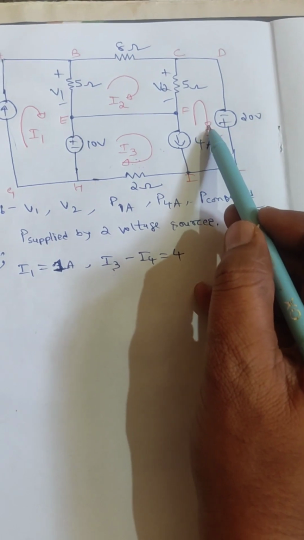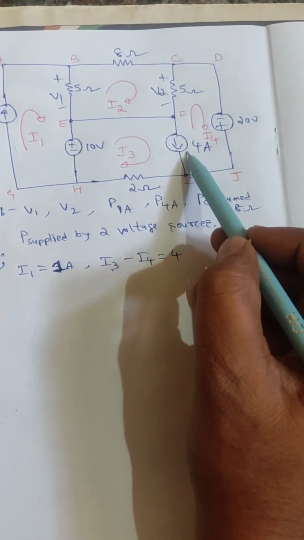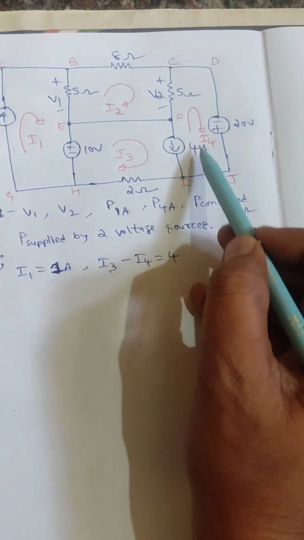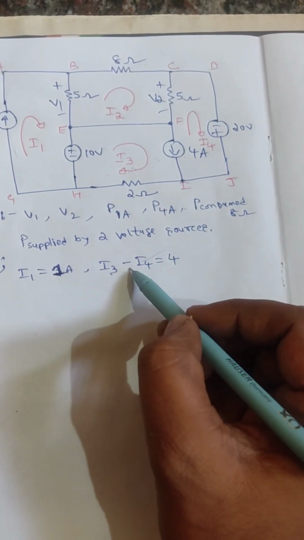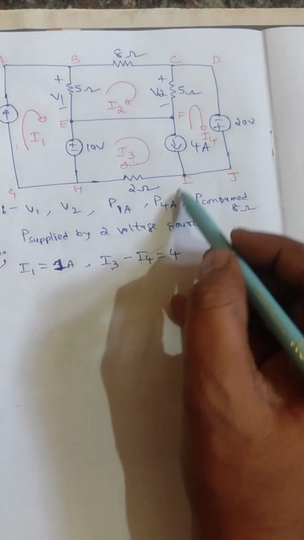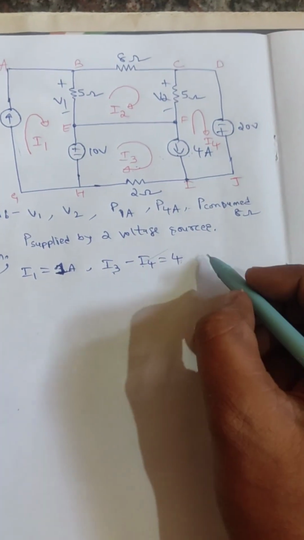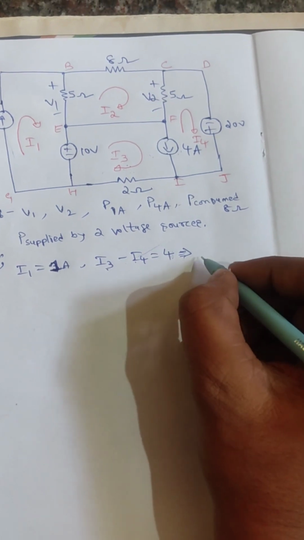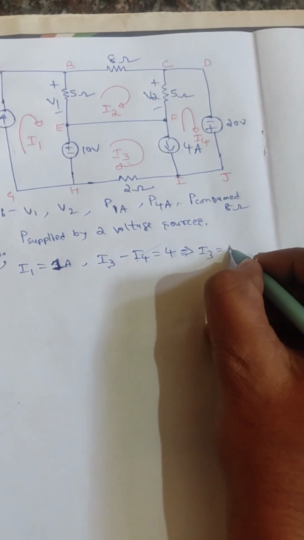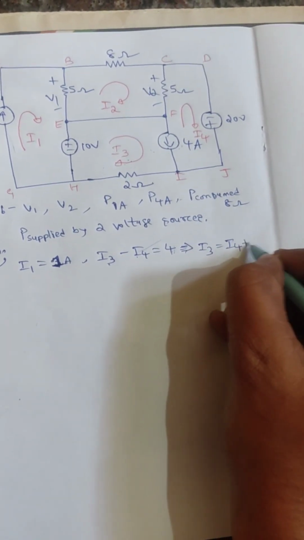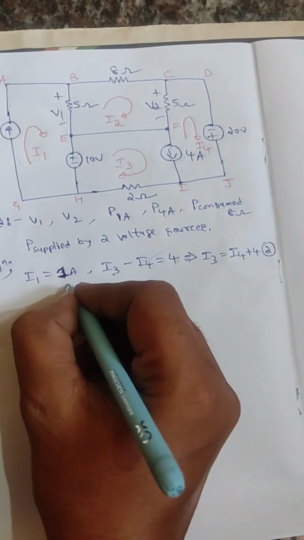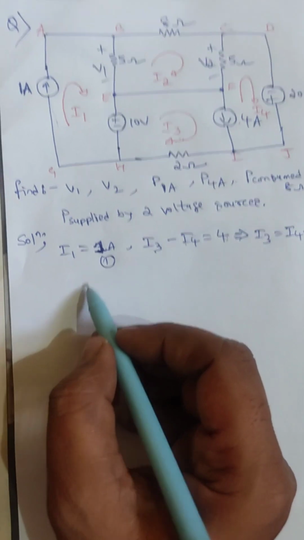Now I4 is passing like this, so both are facing in opposite directions. So we need to write minus I4, equal to the resultant current, 4 ampere. Further I am modifying this: I3 is equal to I4 plus 4 ampere. So take this as equation number 2 and the earlier one as equation number 1.